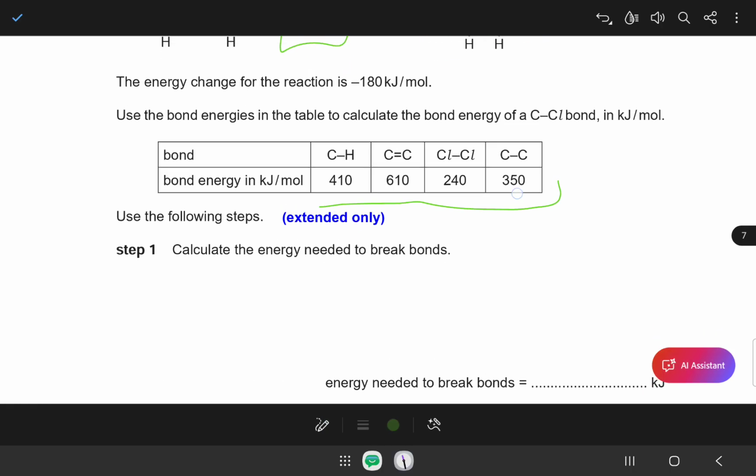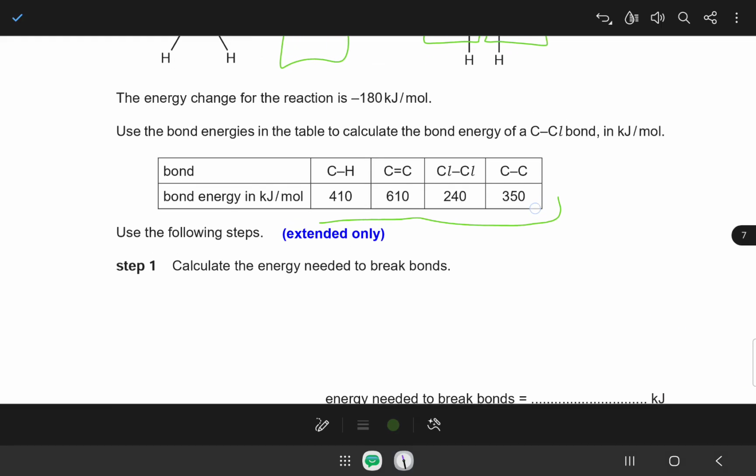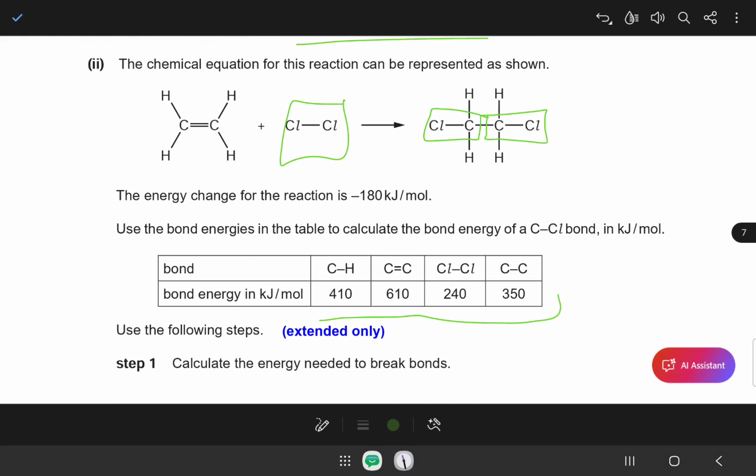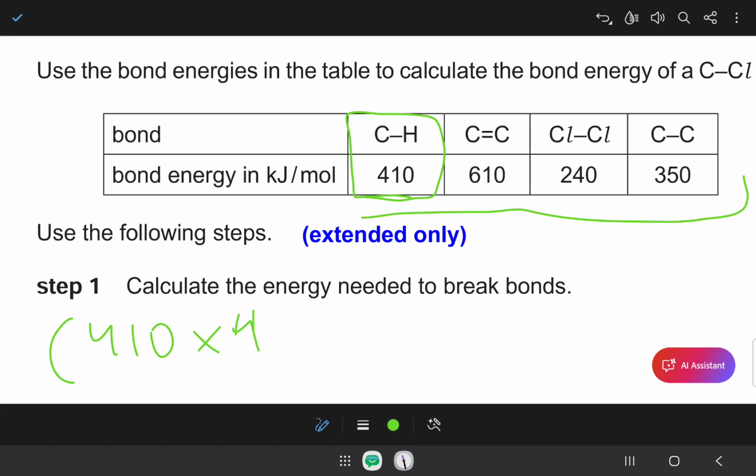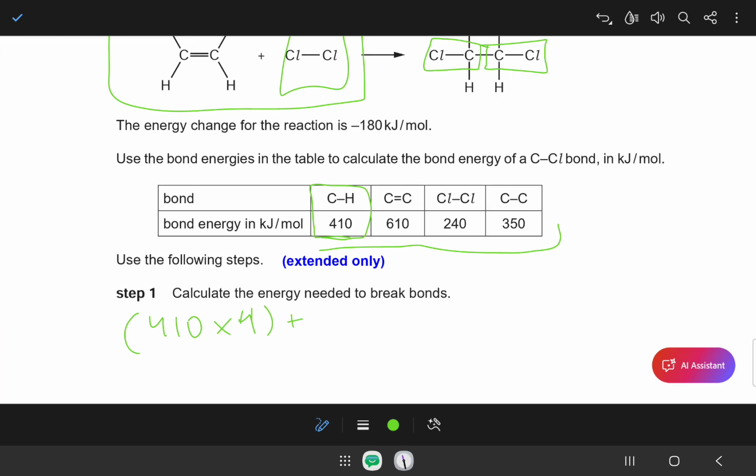So first we need to calculate the energy that breaks the bonds. This is quite simple. We just have to look at our reactant side, over here. So let's calculate. First we have CH4, so there's 4 of it. For this bond it's 410 times 4, because there's 4 of those bonds, plus the double bond C=C, that's 610, plus Cl-Cl, so that's 240.